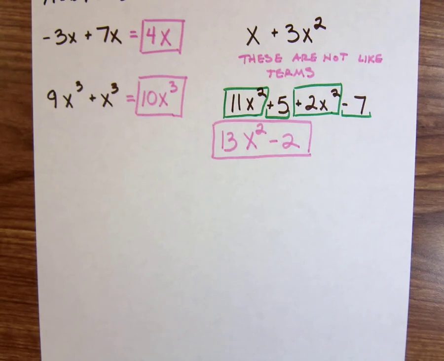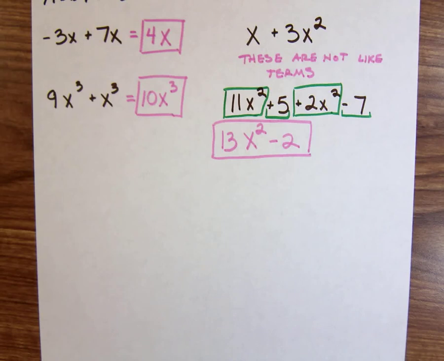If I had $1 for every time somebody did a problem like this and wrote 13x to the fourth, oh, they added, I would have like $19. I would have enough for 2 foot-long sandwiches at Subway, maybe 3 if I got something cheap like the turkey. So do not change the variable or the degree. If you are adding second degree together, your answer is second degree.